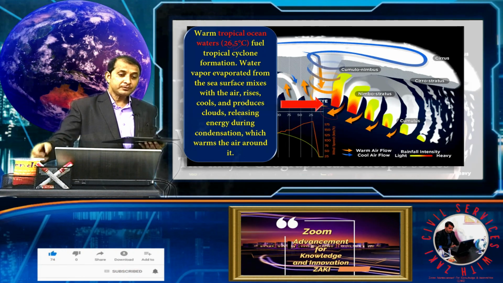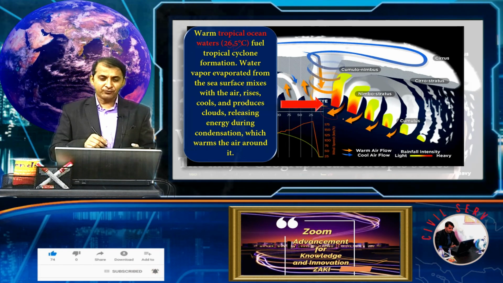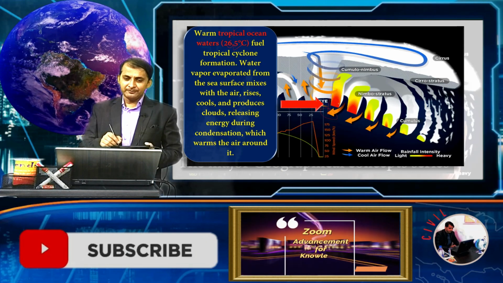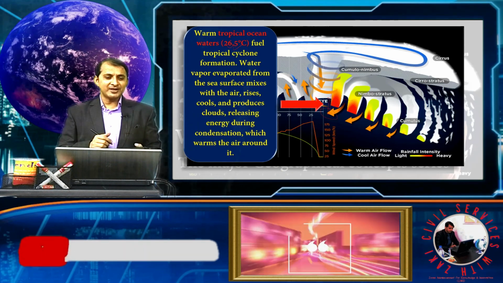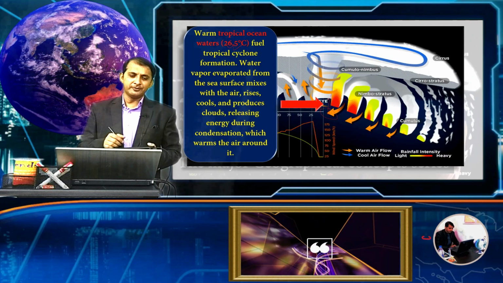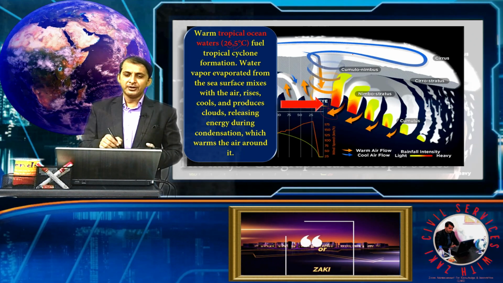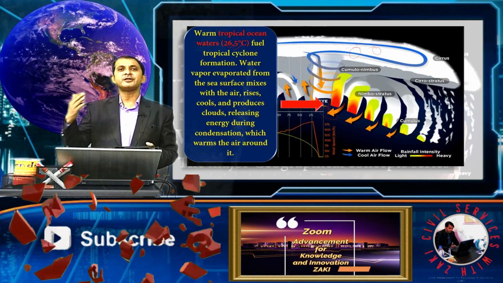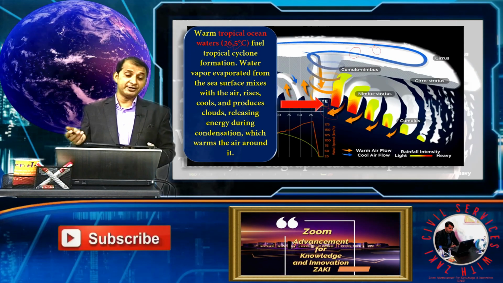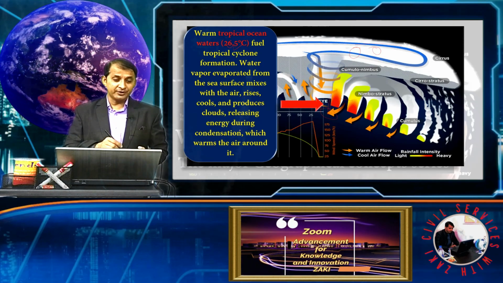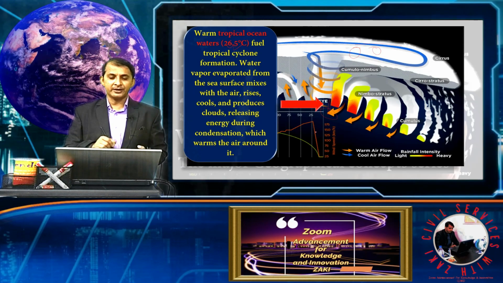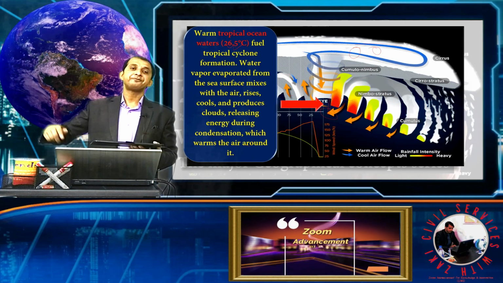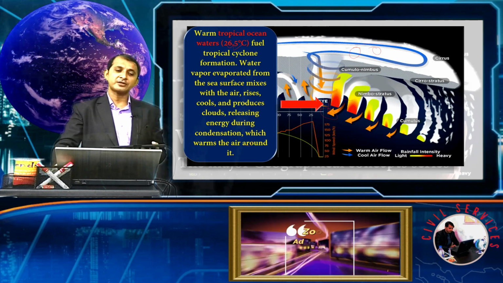Water vapor evaporated from the sea surface mixes with the air, rises, cools and produces cloud. Due to condensation of this cloud, a large amount of latent heat, basically energy, is released, which warms the air around. So it warms and sustains this fueling system for the cyclone.